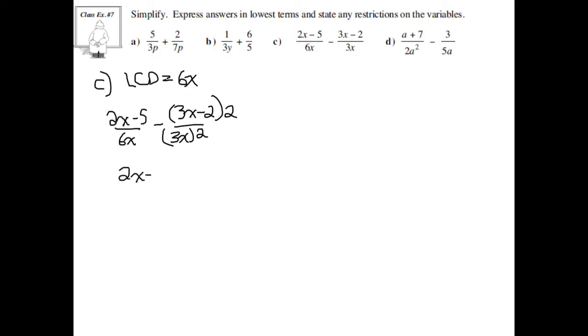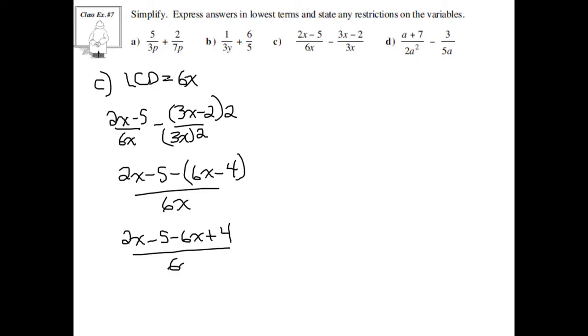That gives me 2x minus 5 minus 6x minus 4, all over 6x. Getting rid of my brackets, I have 2x minus 5 minus 6x plus 4 all over 6x. Collecting like terms, we get negative 4x minus 1 all over 6x, where x cannot equal 0.